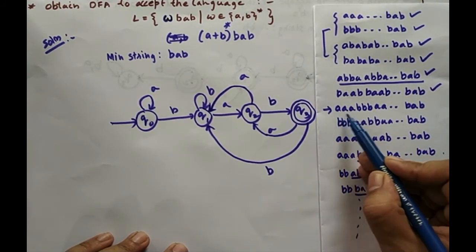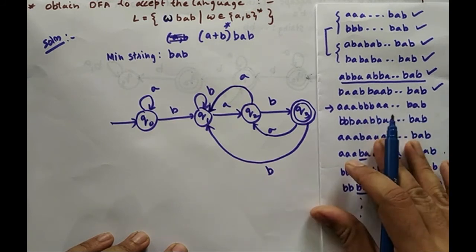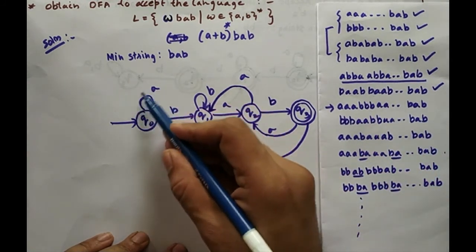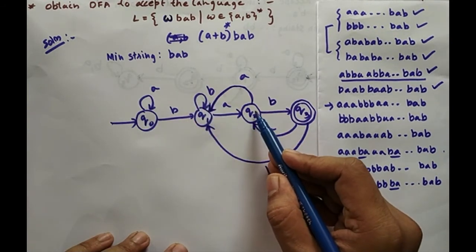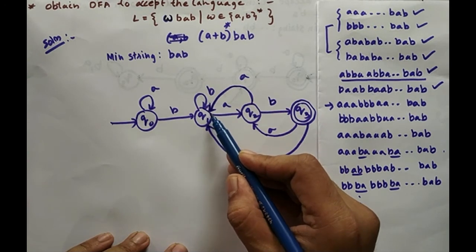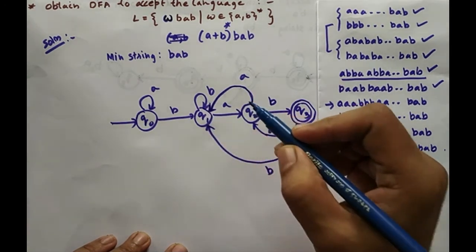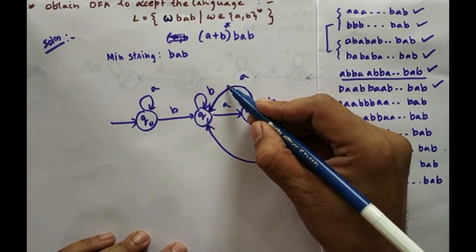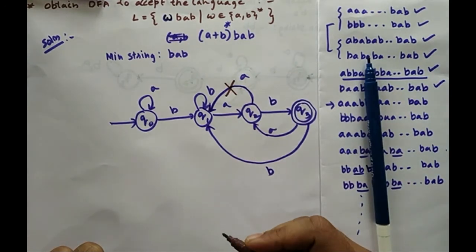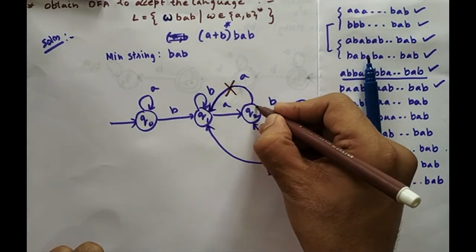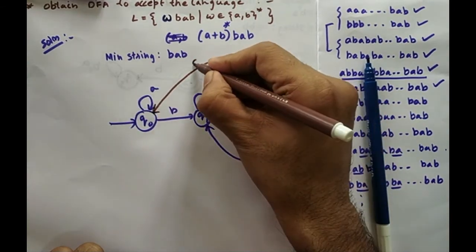Please note, n number of A's, then n number of B's, n number of A's, and so on, ending with BAB. So n number of A's, first B, n number of B's, A, second A, but here I will not be able to get n number of A's, correct? So if I can redefine this transition, instead of making this transition, I can just make the transition to this with A.